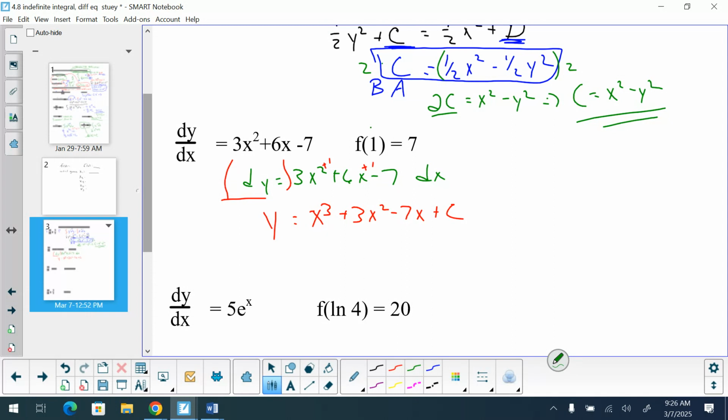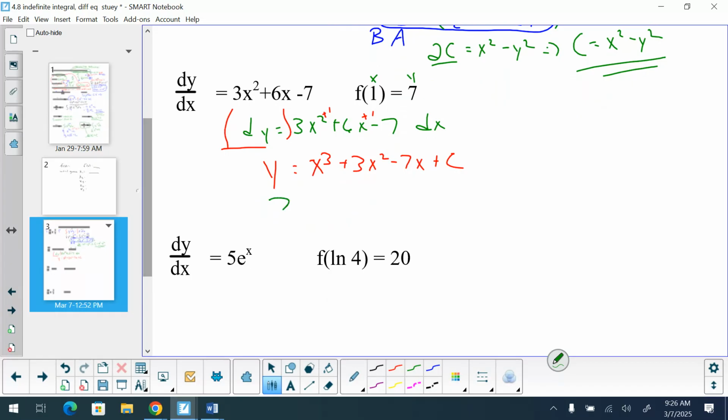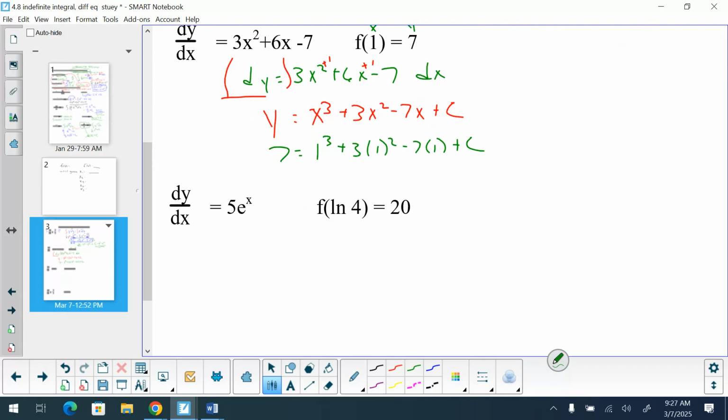We are given an initial condition where if x is equal to 1, y is equal to 7, which allows us to solve for this value of c. So we're left with 7 equals 1 plus 3 minus 7 plus c. Then we can solve for the c value by adding 7 and subtracting 4. C equals a value of 10.